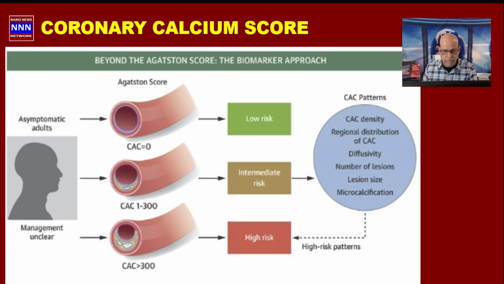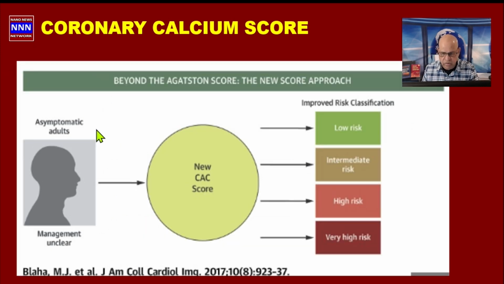When we combine that with other risk factors like hypertension, diabetes, obesity, smoking, family history, the problem becomes compounded, and I'm going to show you in the next several slides how the risk can become significantly more complex. So based upon the coronary calcium score, we can divide the patients into very low risk, intermediate risk, high risk, and very high risk.